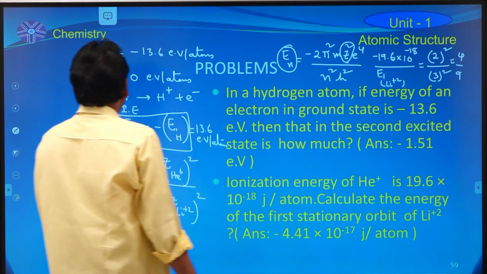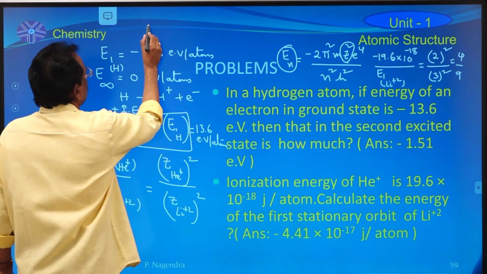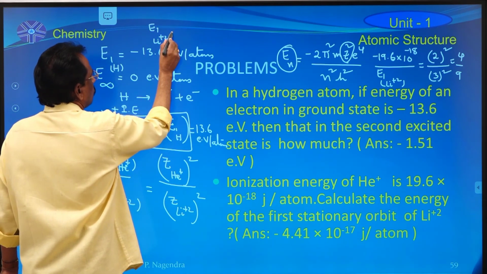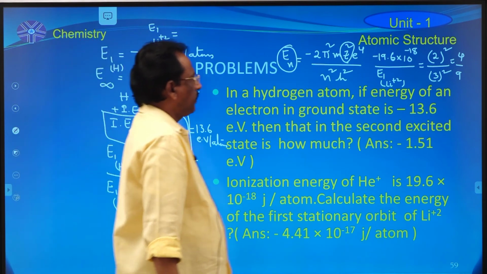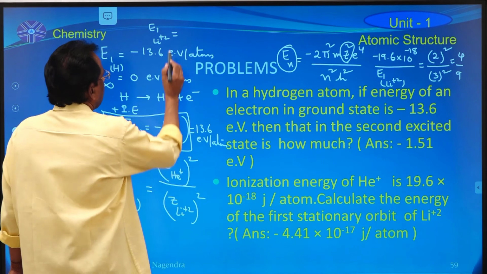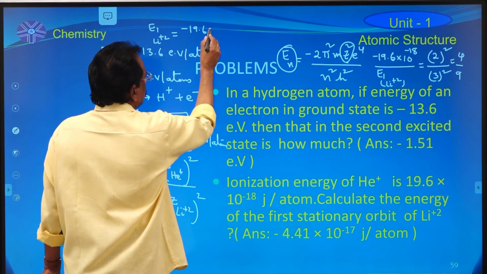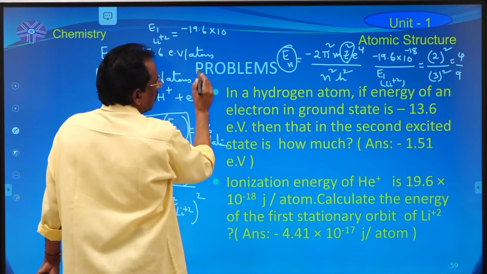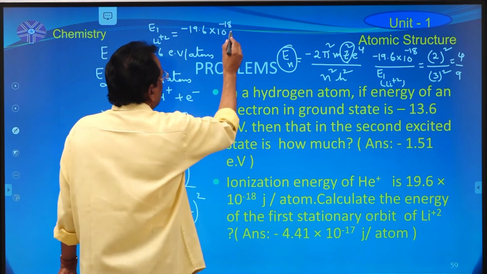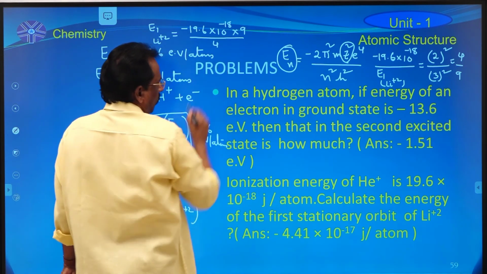Therefore, the E1 of Li plus 2 is equal to, by cross multiplication, minus 19.6 into 10 power minus 18 into 9 divided by 4.